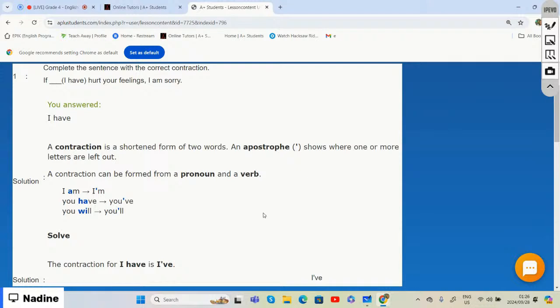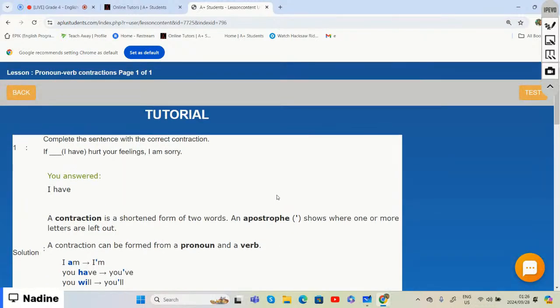All right. So now we are going to once again look at the activities and then we're going to our test.